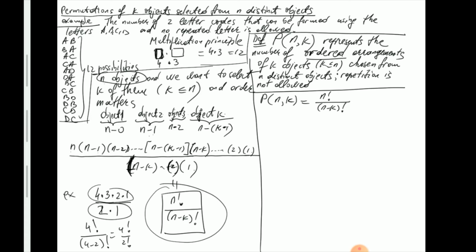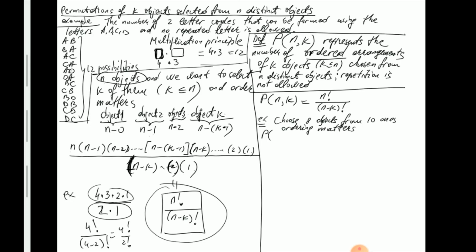So let's go over a couple of examples. Suppose, for instance, that I want to choose 8 objects from 10 distinct ones, in which ordering matters, right?